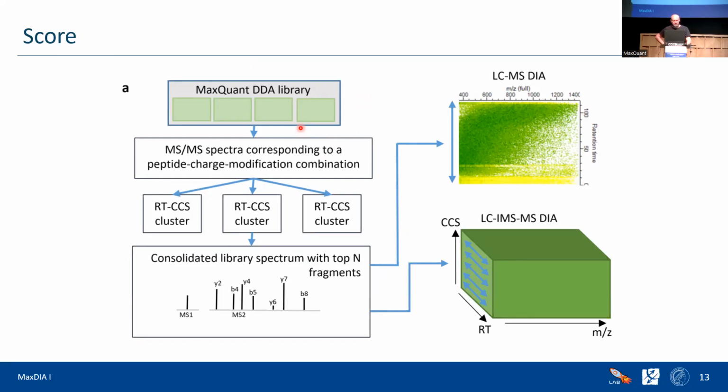And this is just loaded into the DIA run. And so the first thing we do in the DIA workflow is to consolidate the library a bit, because this will obviously be redundant in terms of having multiple spectra per peptide there. And so they have to first be put together.